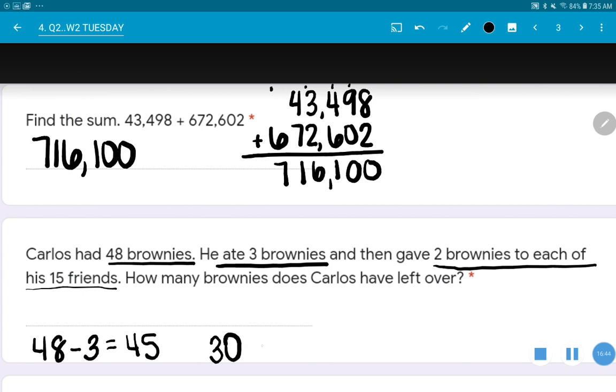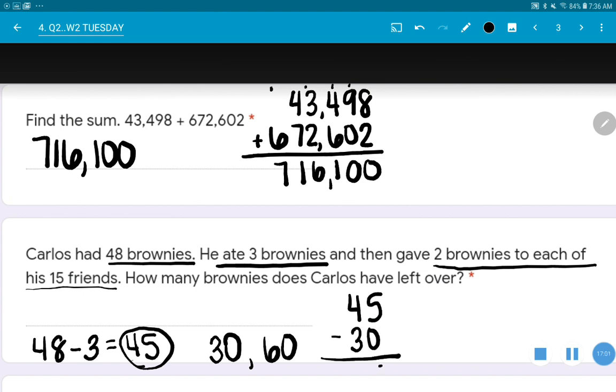If he gave another 2 to each of those 15 friends, that would be 60, but we don't have that many brownies. We only have 45 brownies. So that means he had 45. He gave 30 of them away. If I subtract that, he has 15 brownies left.